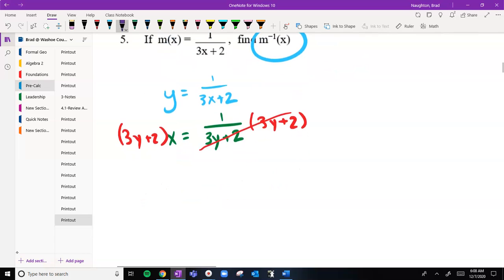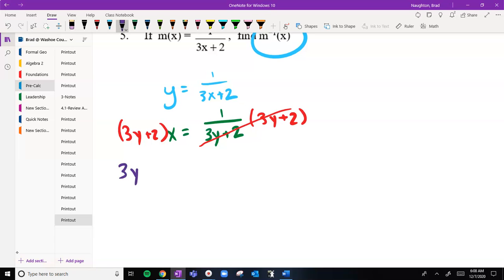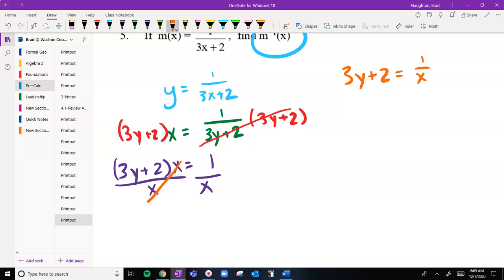Before I distribute that out, because that's just going to make life a lot more difficult, I'm going to divide everything here by x. So again, these x's will cancel out, and now we have 3y plus 2 is equal to 1 over x. Then I'm going to subtract 2 over.